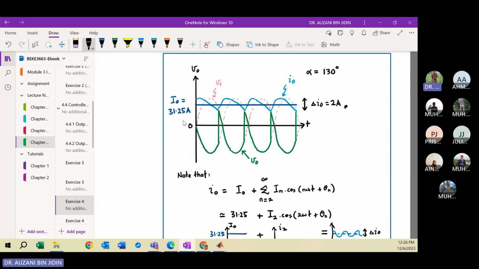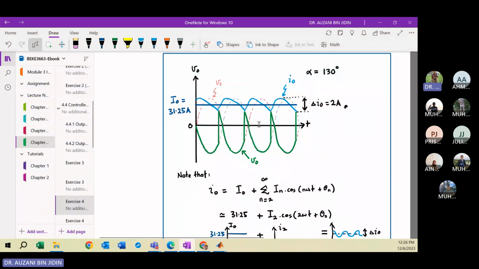You already calculated this in part 1, exercise 3. The design requirement is that the circuit requires the current ripple to be limited to 2 ampere between the maximum and minimum.